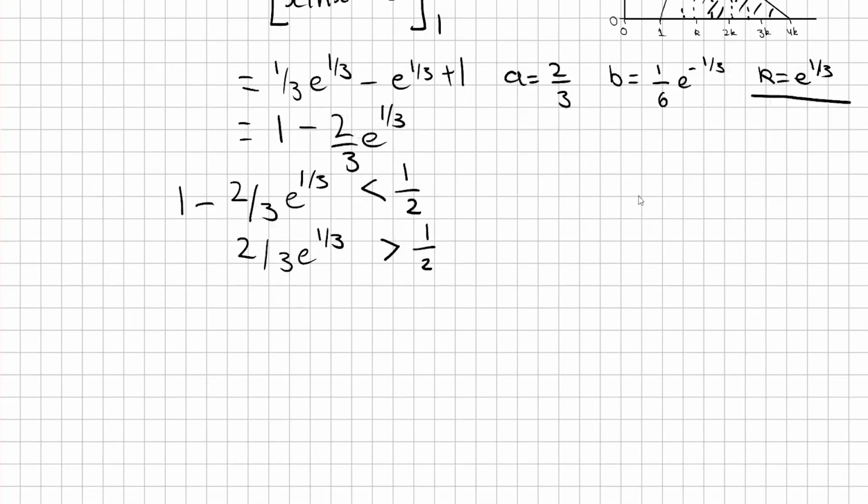So we can just divide by 3 over 2, and if you divide by this, you flip, so it's bigger than 3 over 4, and then we can cube both sides to see that e is bigger than 27 over 64, which is true.